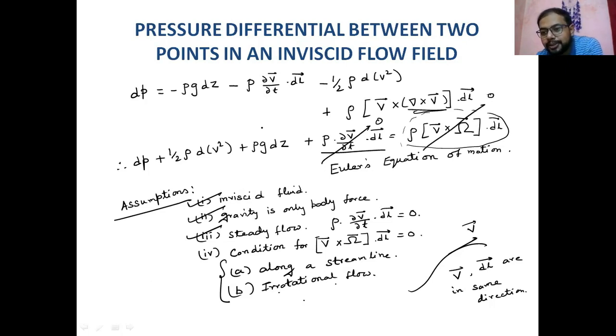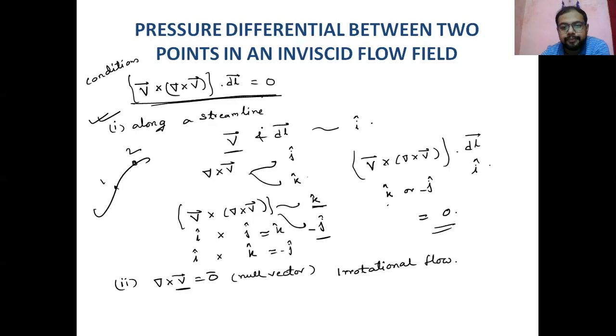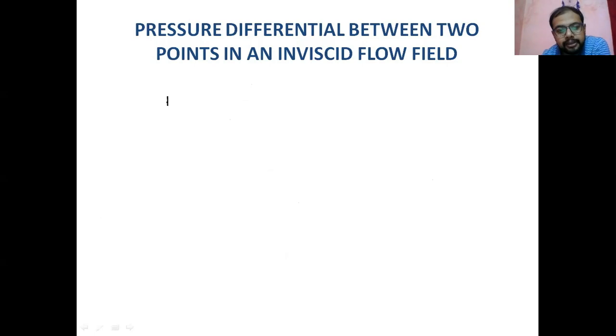And what would be the remaining part? The remaining part will be del P plus half rho dV square plus rho G dz is equal to 0.